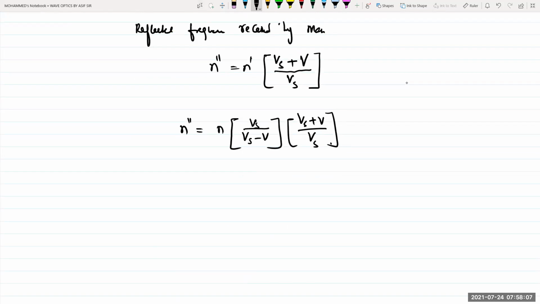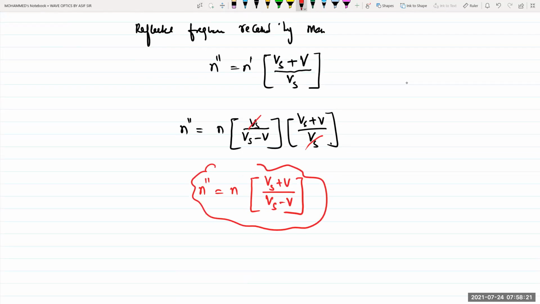So this one is also velocity of sound ఇక్కడ. Velocity of observer 0 కాబట్టి. So this one is also velocity of source sound. This one and this one will get cancelled. So n double dash will be equal to n into, formula is for me, Vs plus V divided by Vs minus V. ఇది డైరెక్ట్ గా గుర్తుపెట్టుకోవాలని డిరైవ్ కూడా చేసిన నేను క్లాస్ లో. గుర్తుందా లేదా మీకు? చెప్పాను నేను క్లాస్ లో.